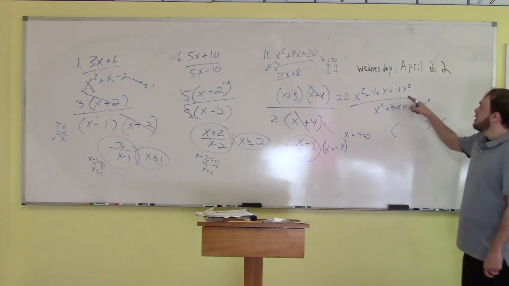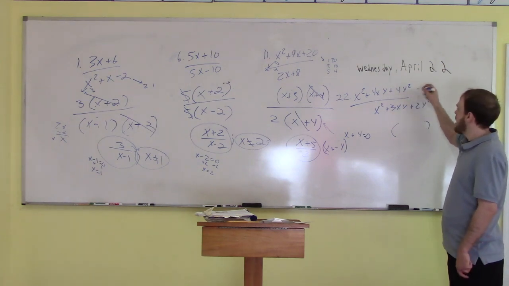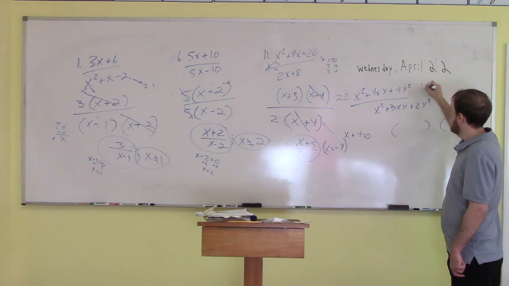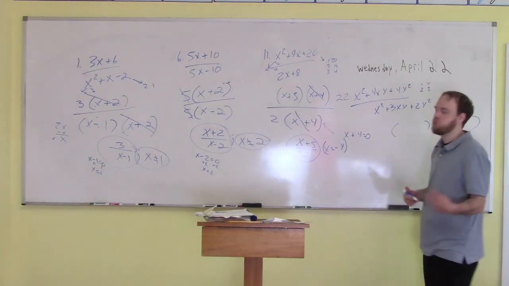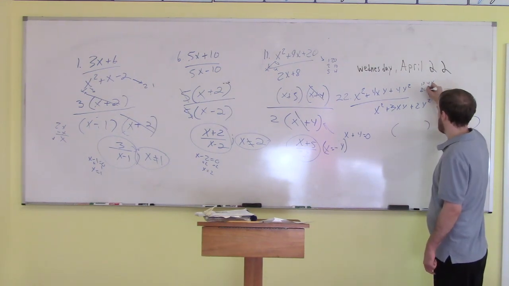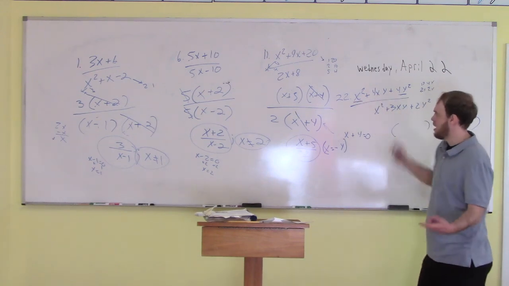Now when I factor the 4y squared, the number part could be 1 and 4, or 2 and 2. Then y squared just means what times what equals y squared? Well, y and y. This part works the same as this part when you're factoring.